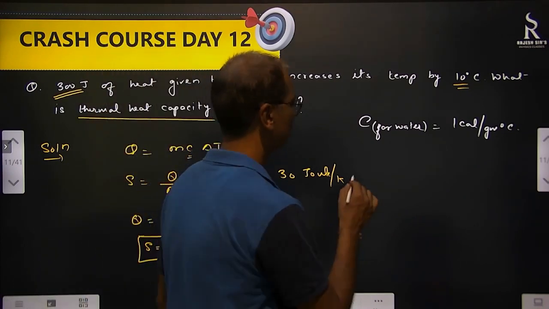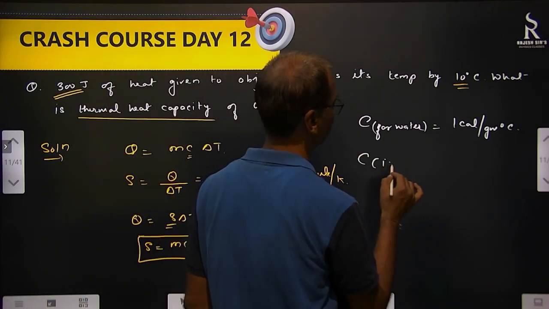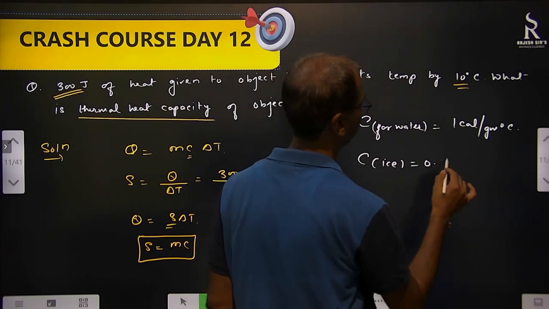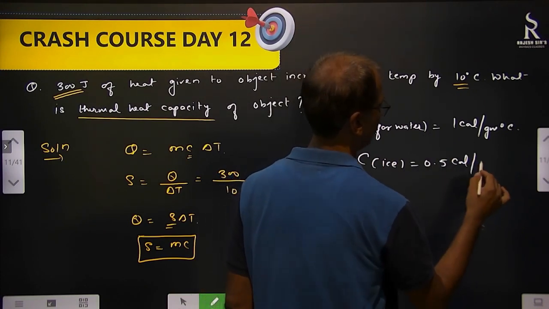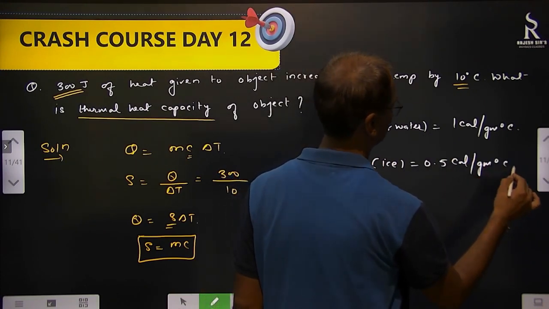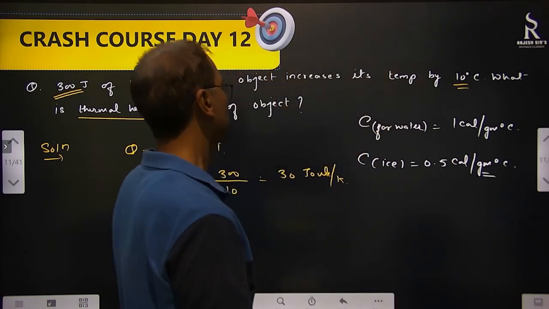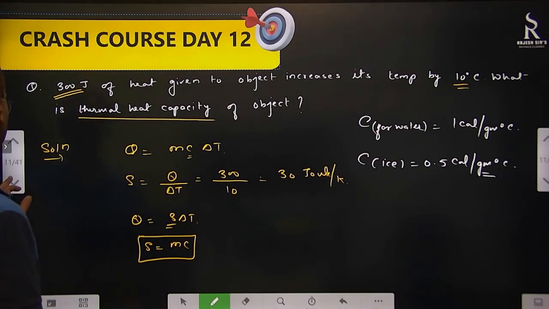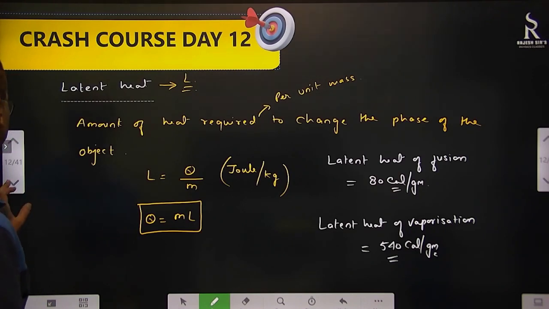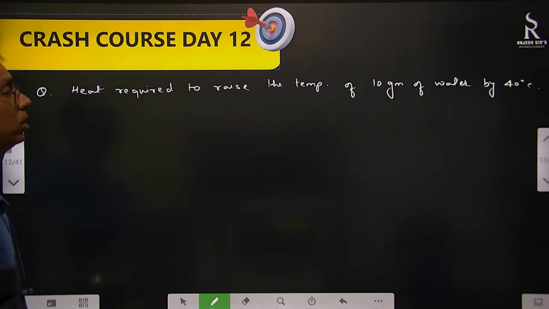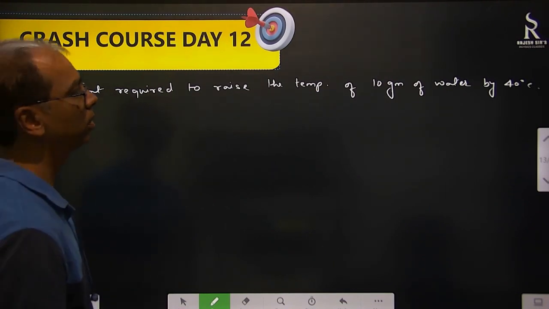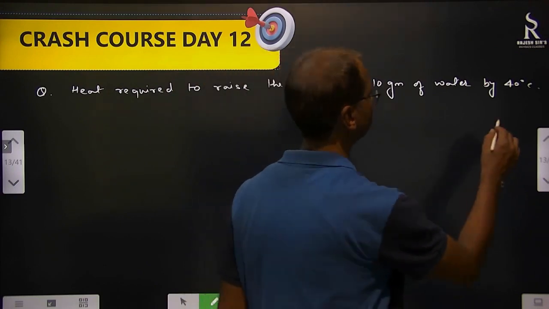But still, if you want to know, we can. That is 0.5 calorie per gram per degree centigrade. Okay. Right. So these are the values we should know. So okay, let's see how the questions are involved in this specific heat and latent heat and all that. It says heat required to raise the temperature of 10 gram of water by 40 degree centigrade.